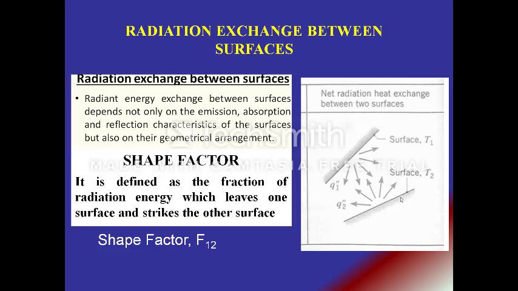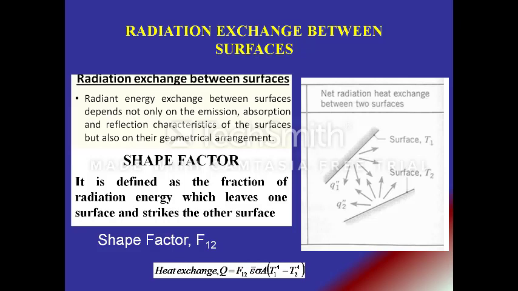Suppose I say shape factor F2 to 1, that tells me the fraction of energy coming from surface 2 and falling on surface 1. Clear? This is called the shape factor. It is a very important factor, and it has to be calculated for any particular geometrical arrangement.